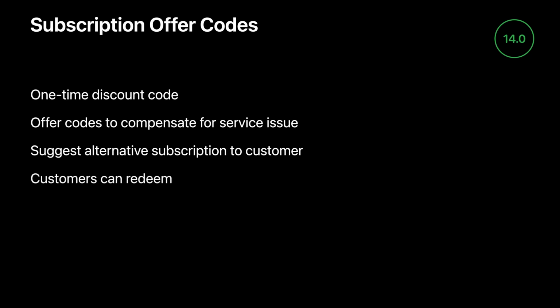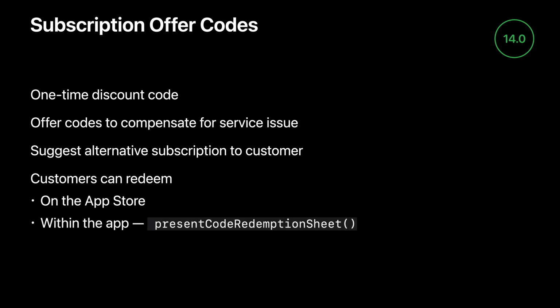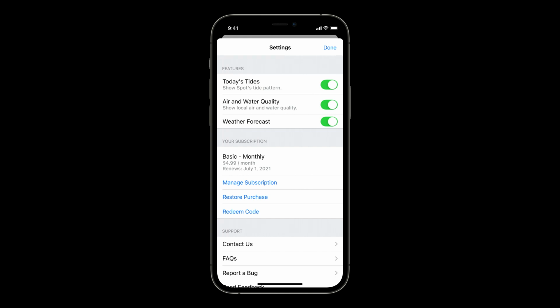And customers on iOS 14 and iPadOS 14 and later can redeem offer codes on the App Store through a one-time code redemption URL or within your app if you've implemented the Present Code Redemption Sheet API in StoreKit. Now let's take a look at the sample code redemption flow within your app. The only custom UI you need to create is the one that initiates the redemption flow.